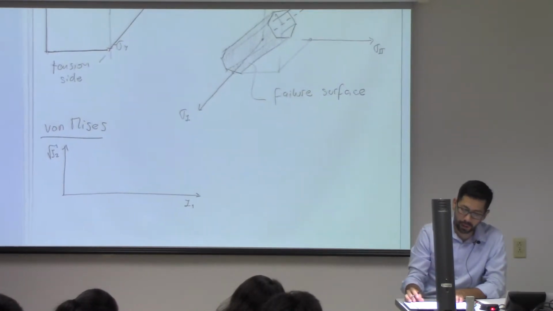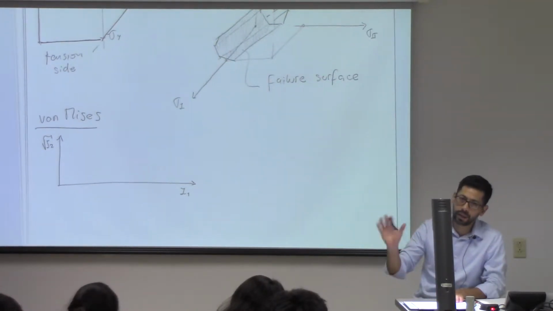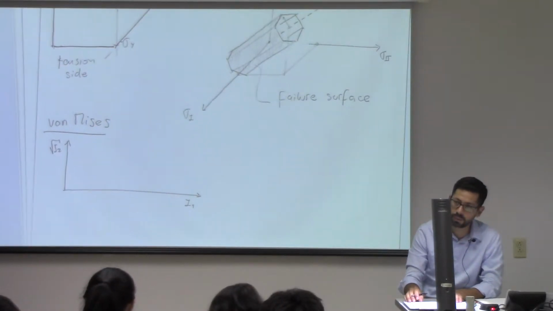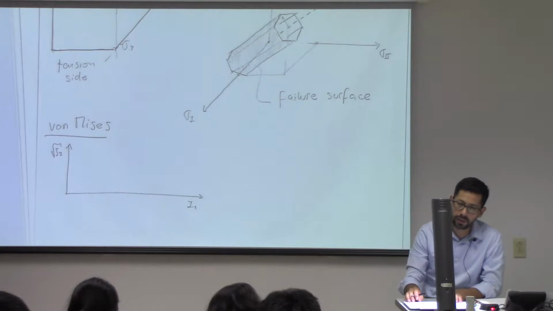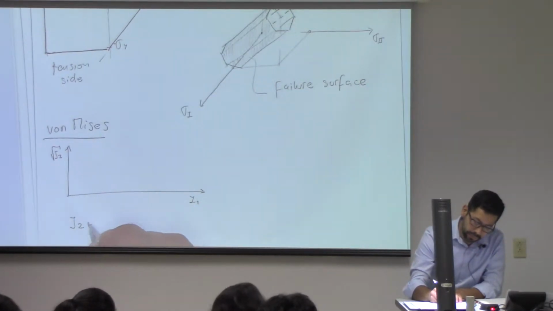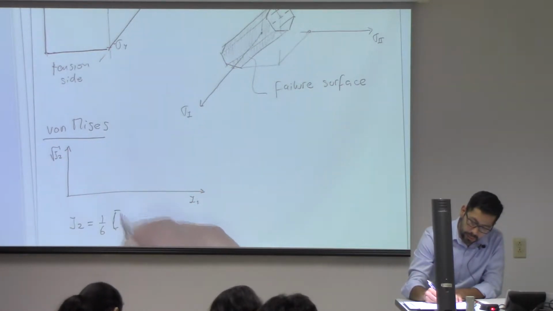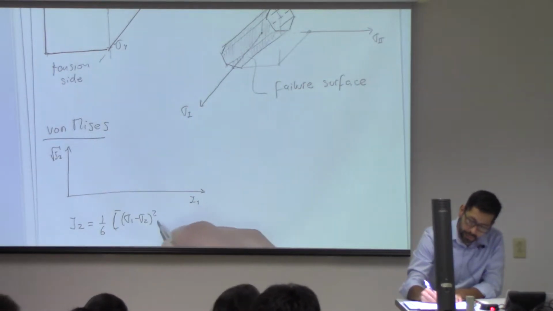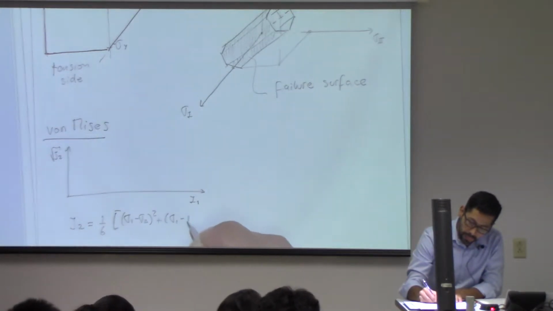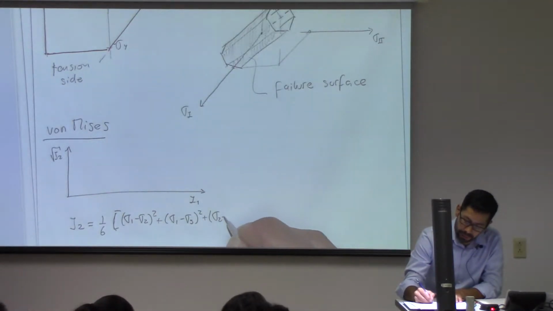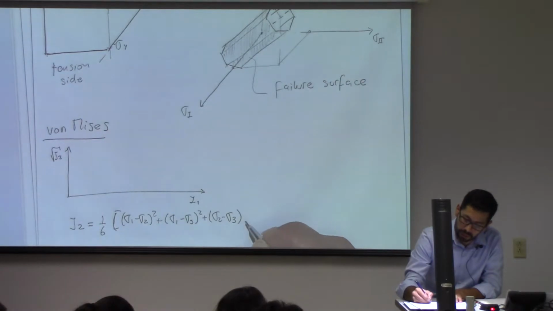Basically, what von Mises says is that I don't care what the difference between the principal stresses is, but just compute J2, in which we know that J2 is this equation I'm writing right now, the summation of the differences of the principal stresses squared times 1/6.